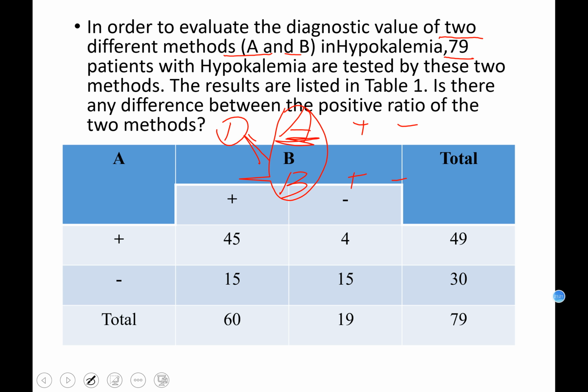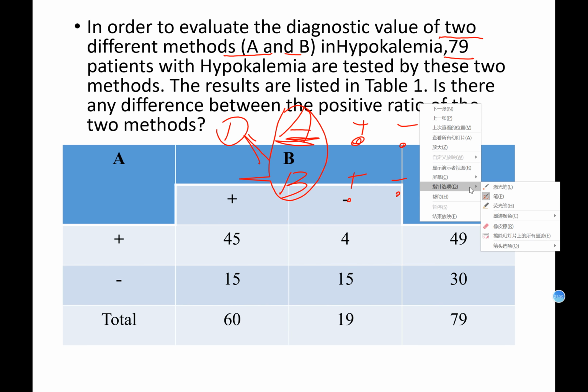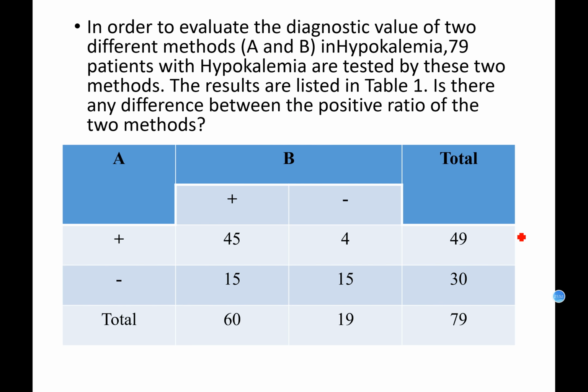The first group is double positive, that means positive from A and positive from B. The second group is positive for A and negative for B. The third group is negative for A and positive for B. And the last one is double negative. Okay, so here we list all these 4 groups in a contingency table.